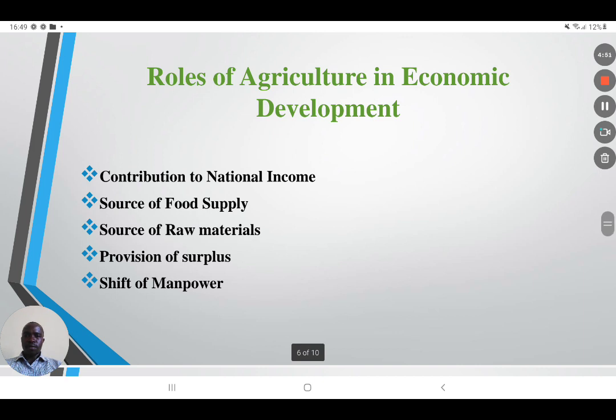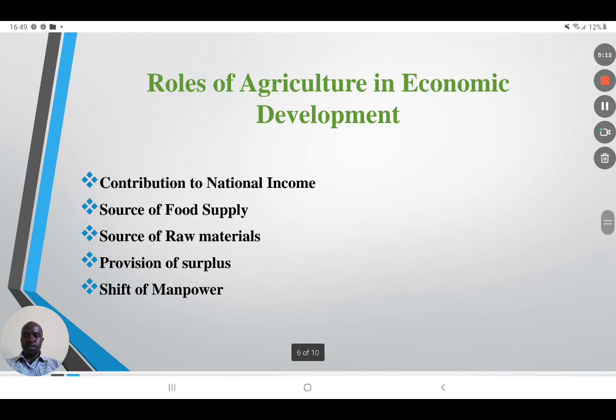This income is earned through tax that is charged on consumable goods, and also the PAYE that is deducted from employees who are working in agriculture related companies or enterprises.